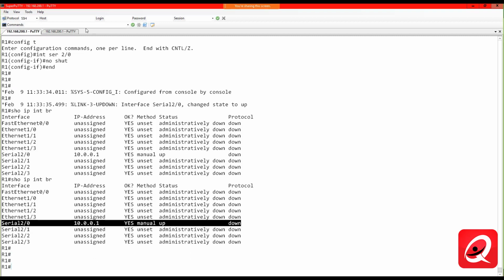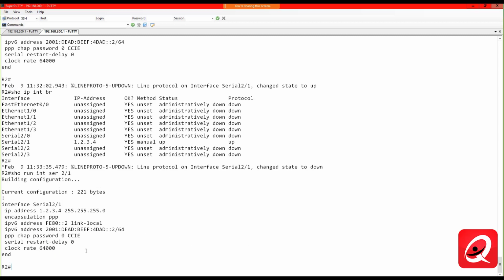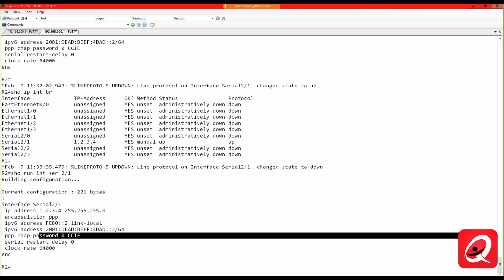Okay, and this is how we can fix this problem. Remember I said there are two ways that you can authenticate CHAP users. If I do a show run interface serial 21, I've specified the PPP CHAP password on the interface here.